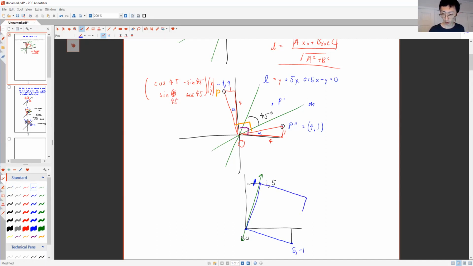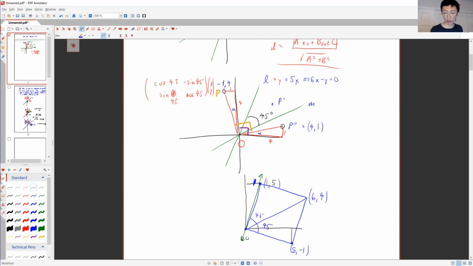Where is the other vertex? Well, this is going to be at 6, 4, because we add the coordinates of the vector 1, 5 and the vector 5, negative 1. Since this is a 90-degree rotation and this is an angle bisector, then this is 45 and this is 45.